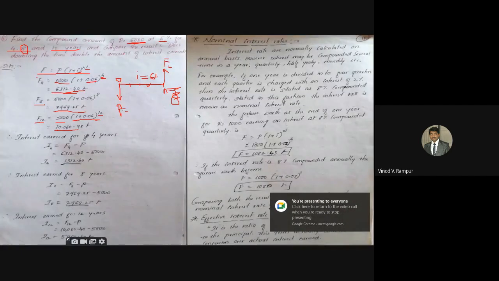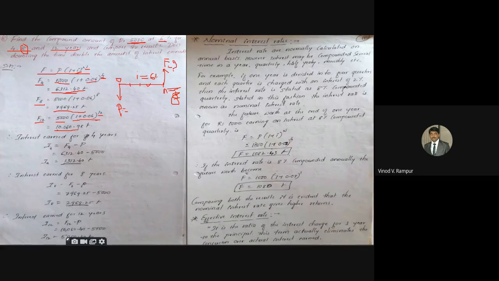This is how we find the future sum of the amount: F, P, i, n. At the 0 time period, if I am taking money, that is time 0, and after 1 year I am going to pay the interest. That's why the principal amount always starts at 0. Remember this.